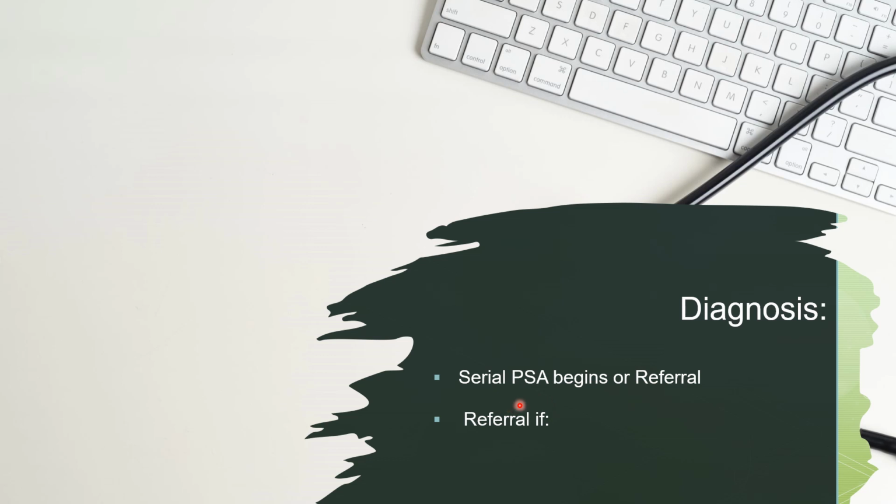Now, referral to the urologist will be necessary when PSA level of 4.0 nanogram per ml or greater is picked. But that is not fixed. Like I've said, and I'm going to repeat it here, everything about prostate cancer is not fixed.